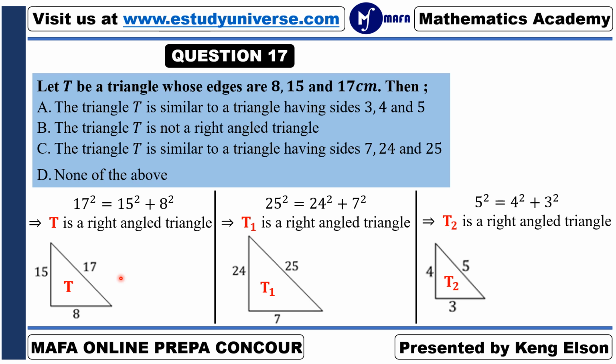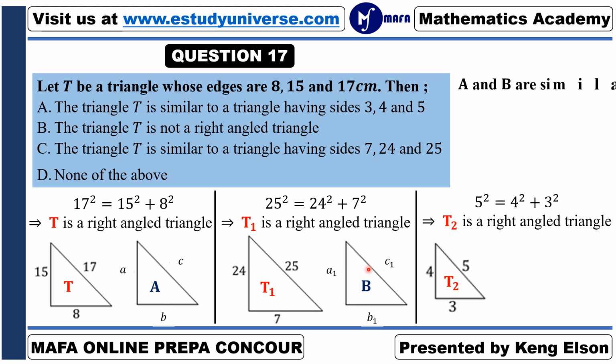Okay, now let us look at option A and option C. It's talking about similar triangles. So I'm going to give you the condition for any 2 triangles to be similar, or any figure to be similar, but in this case we deal with triangles. I'm going to consider the triangle A here, and the triangle B here. We say that these 2 triangles are similar if and only if, first, the ratio between their corresponding side lengths are equal.